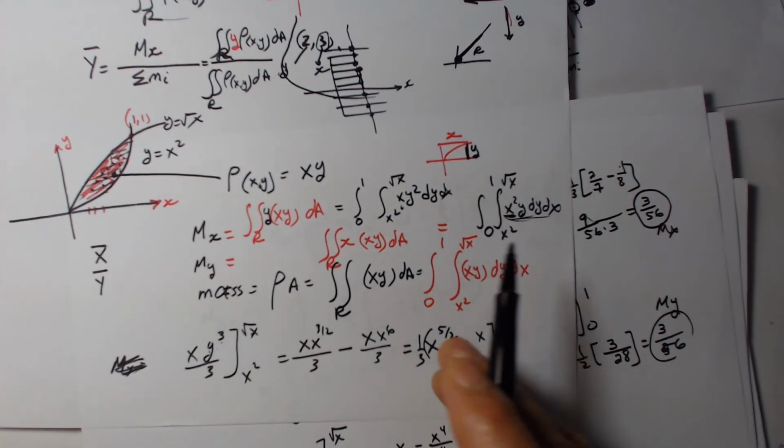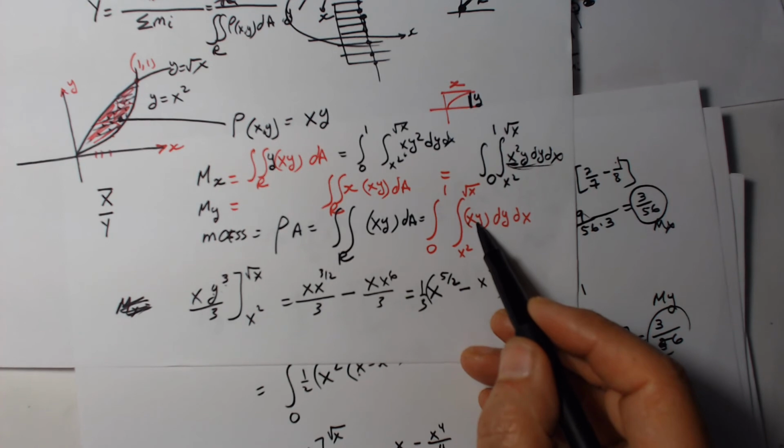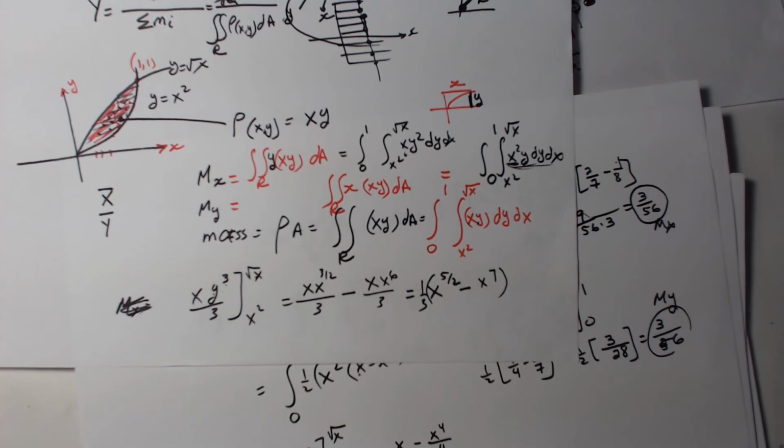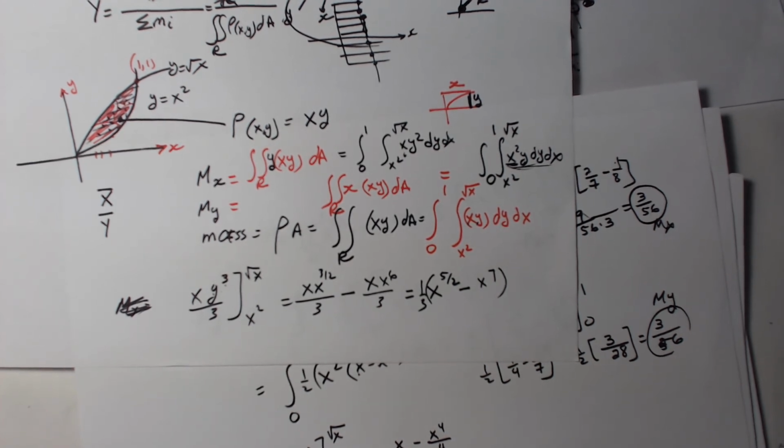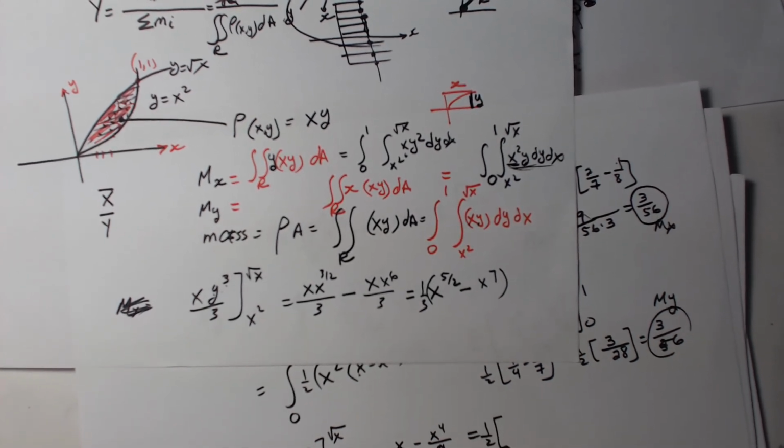Let me see what I did. I did not apply that x yet. Remember, I just did the y, and this one is going to become x over 2 and x to the power of 4 over 2. Therefore, I have 1/2 times x minus x to the power of 4.